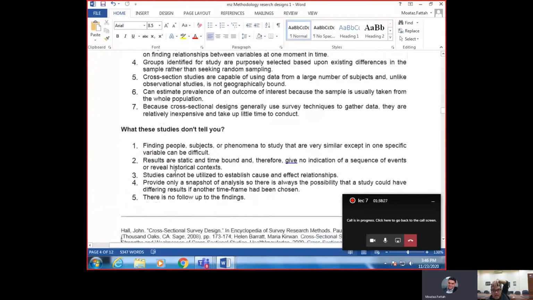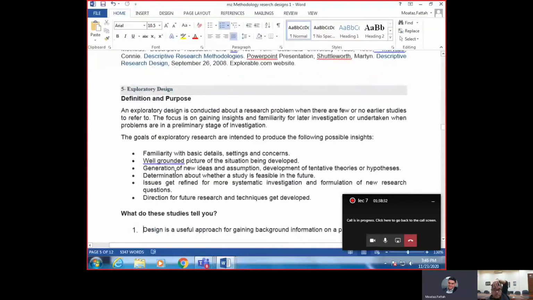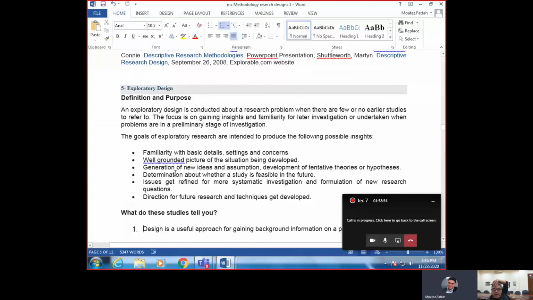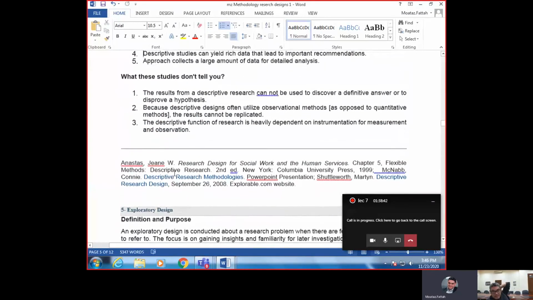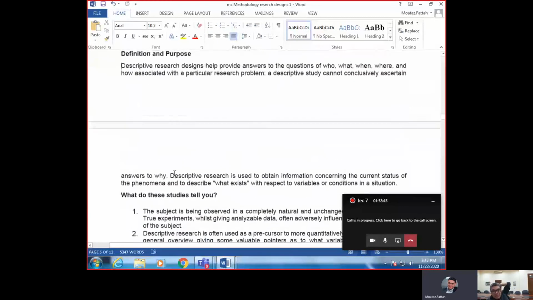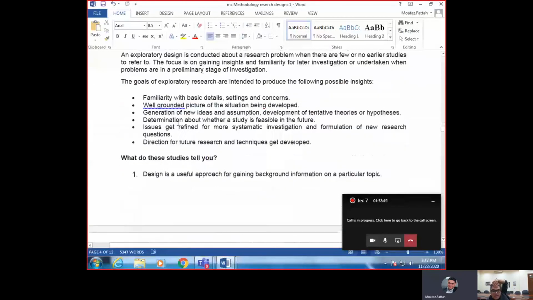And if you will be using large N, that's later on when we go to quantitative research. Some people in political science use exploratory or descriptive. Actually, I can combine descriptive design along with exploratory design.